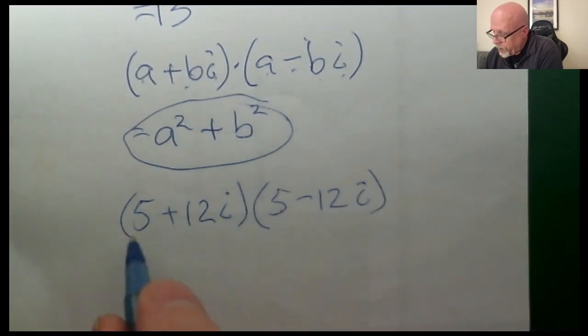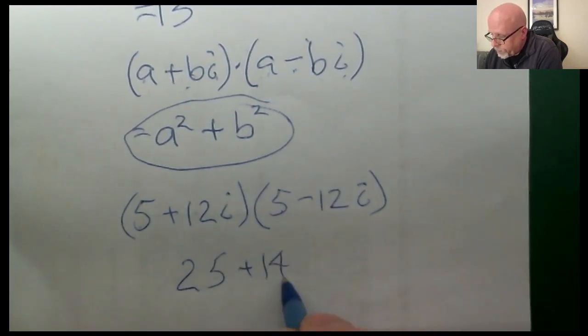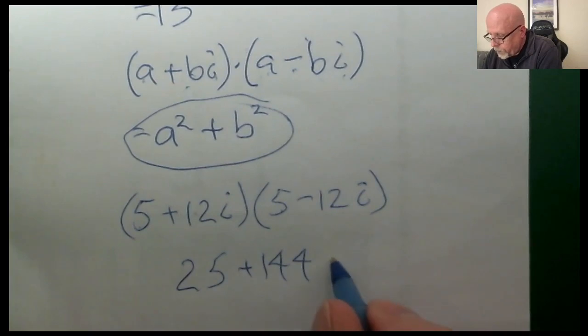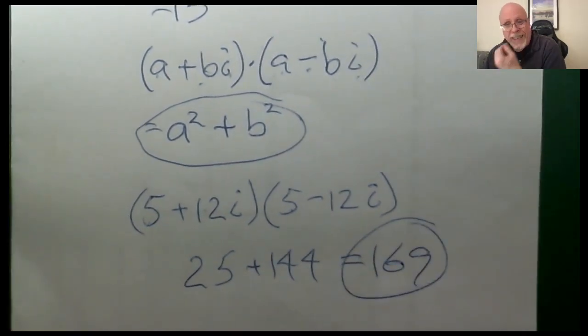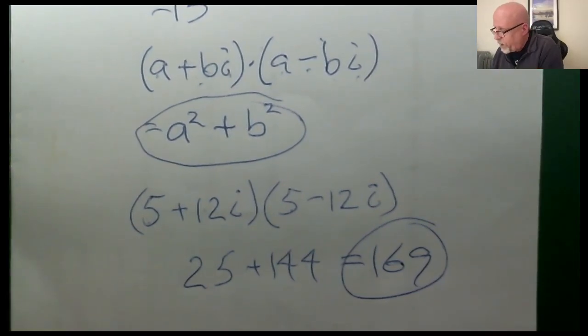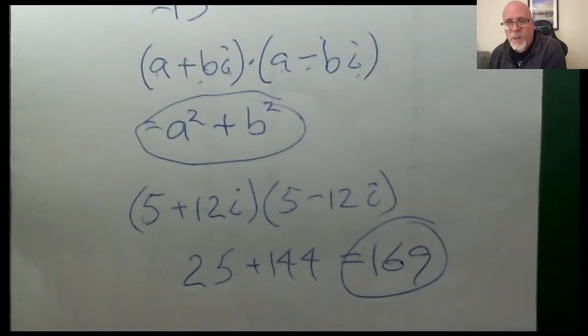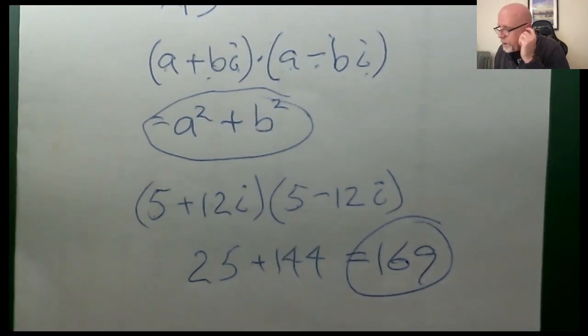The answer is going to be 5 times 5, 25, plus 12 times 12, 144. That's 169. So it's quick, right? You don't have to actually FOIL or use whatever method you want to multiply the complex numbers. You just know in advance. You're just going to need the square of a and the square of b and add them up. So that's complex conjugates. Why is that useful?